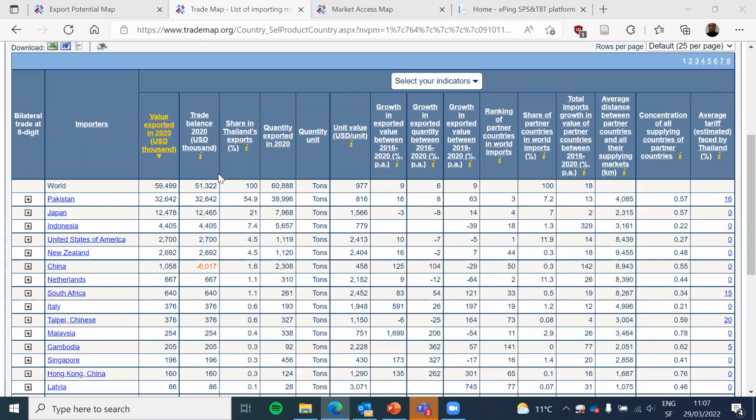As you can see, Thailand exported $1.058 million to China, but the trade balance is negative by 6.017. So you do the math and you will see why. Whereas for other countries, the numbers are in dark blue. This means Thailand actually exports more ginger to those countries than it imports. So that's the meaning of the trade balance.